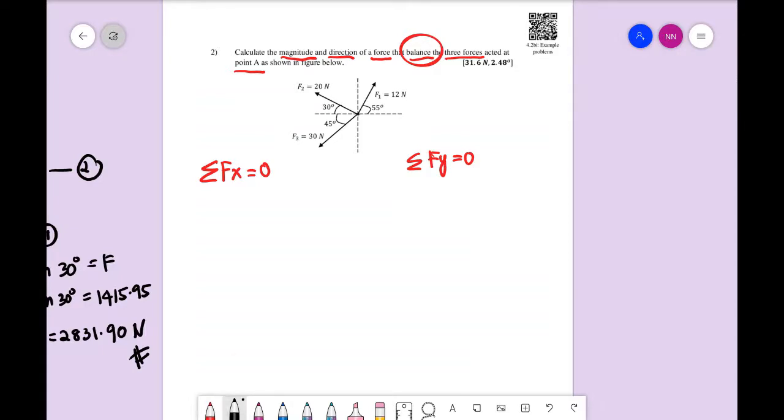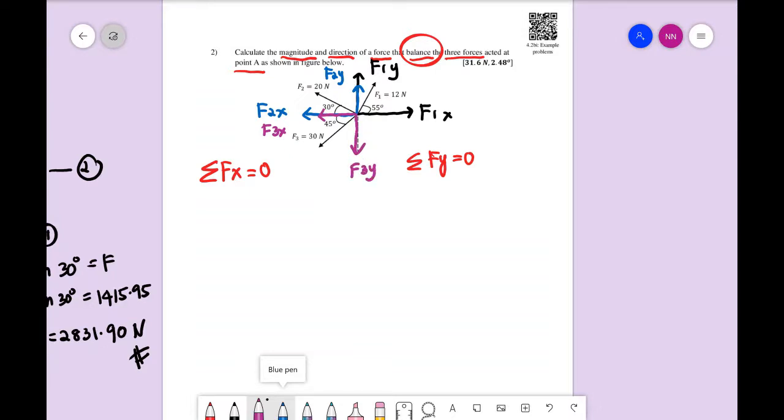For F1, this is the X component and this is the Y component. Then for F2, this is the X component and this is the Y component. And for F3, this is the X component and this is the Y component.